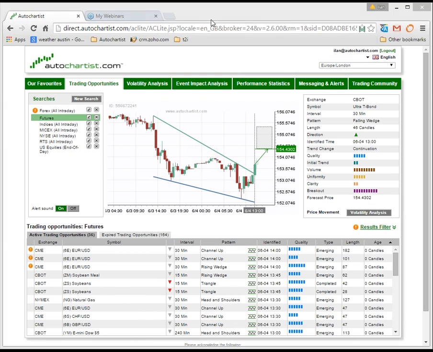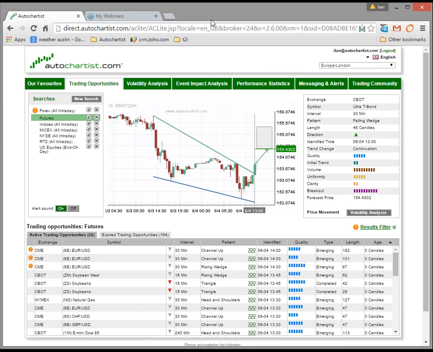The theory has it that once the price bounces between support and resistance, and then there's a breakout, a new trend will follow. This is an example on the futures market, the Ultra T-bond on CBOT. It looks like it's broken 153.50, and we think it's going up to 154.43.